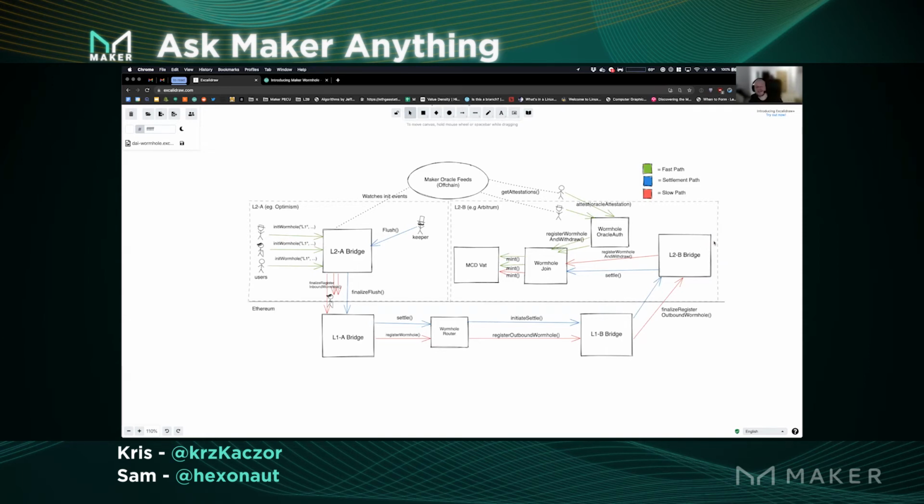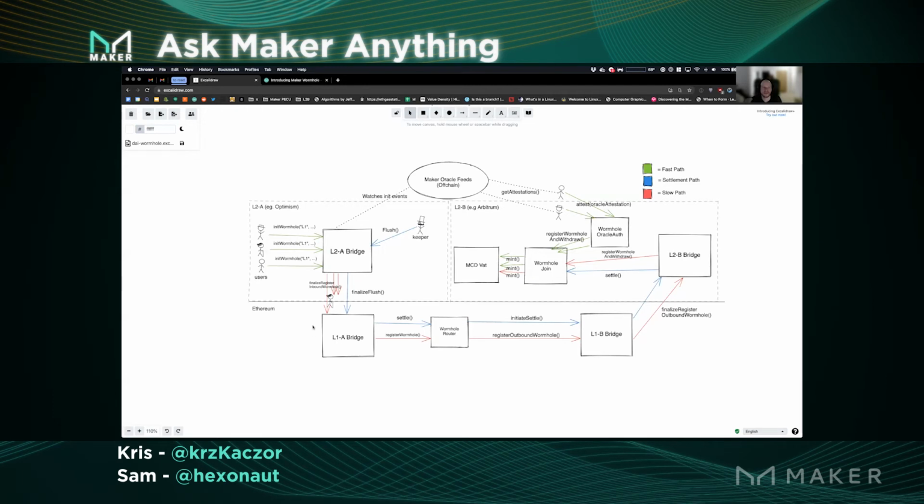Basically our approach to deploy MCD on a different domain is that, the problem is that when you move DAI to Optimism and Arbitrum, you always deposit DAI on layer 1, and then our bridge mints for you the same amount of L2 DAI, Optimism DAI or Arbitrum DAI, right?